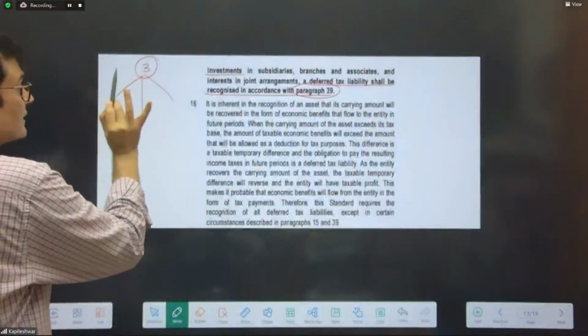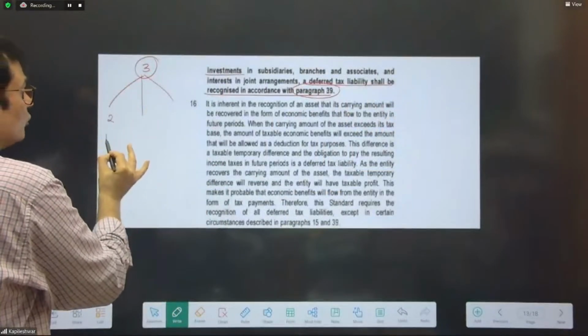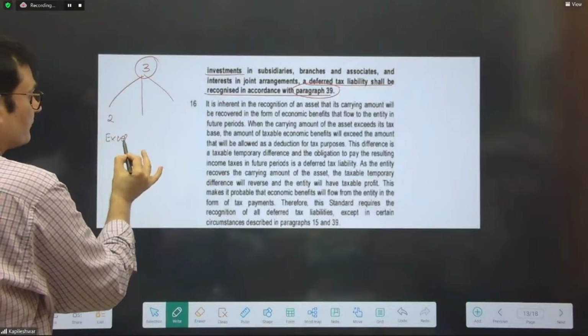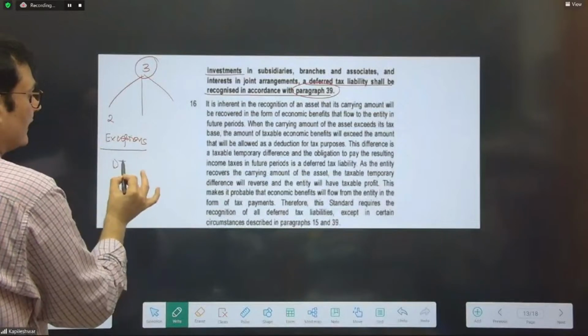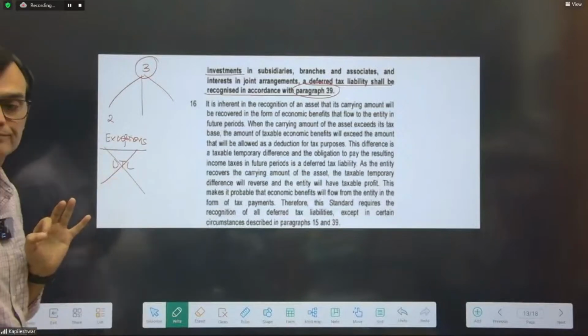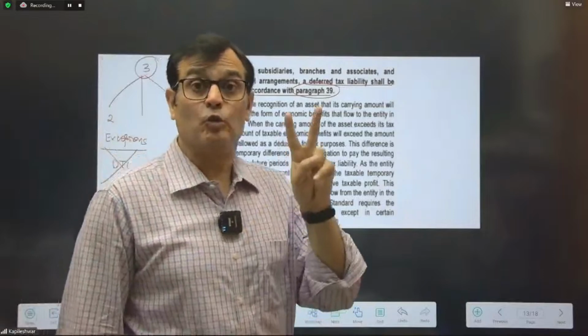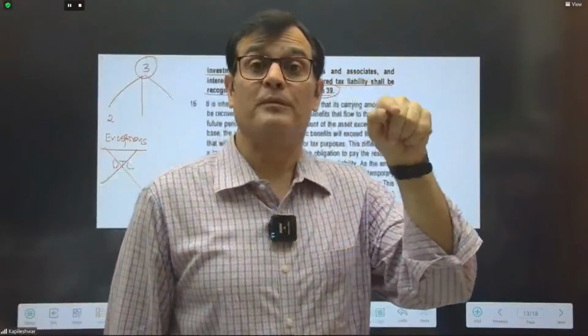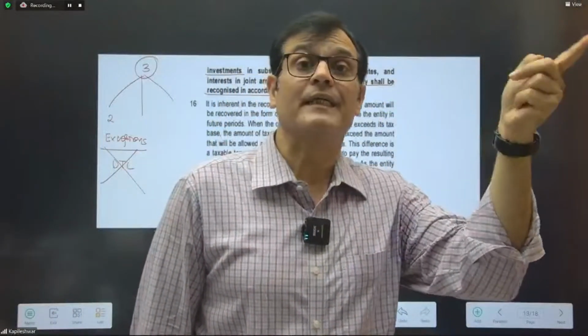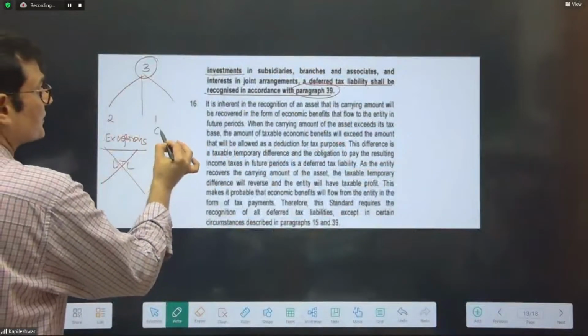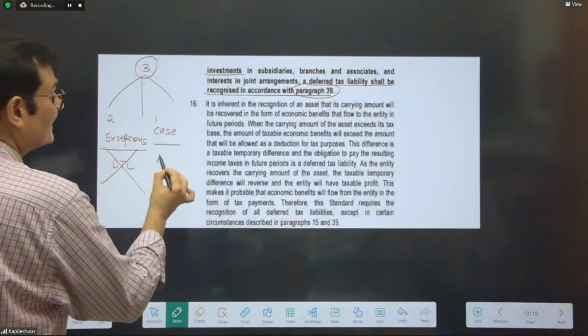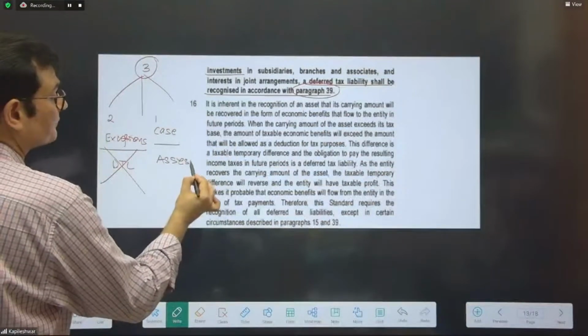If you get a taxable temporary difference, there are 2 exceptions when a DTL cannot be created. There are 2 exceptions where the standard prohibits you, you cannot create a DTL. There is one case which needs an assessment.